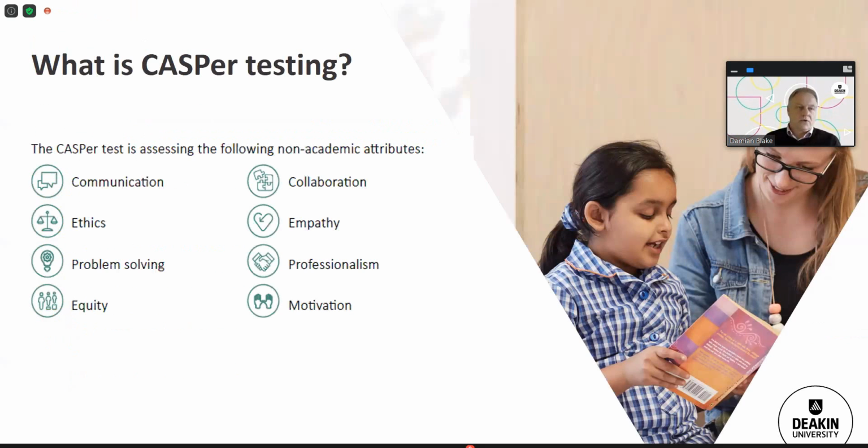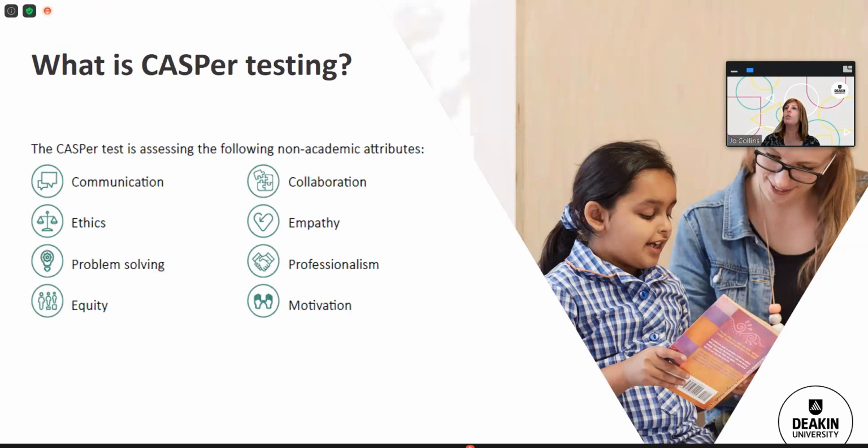So perhaps we should talk a bit more about what the CASPer test is actually testing, Jo. As Damien has mentioned, these are all the non-academic attributes. So obviously you've got an ATAR or some other format to provide your academic credentials, but these are all the aspects of teaching and the teaching career that are very important to that career.